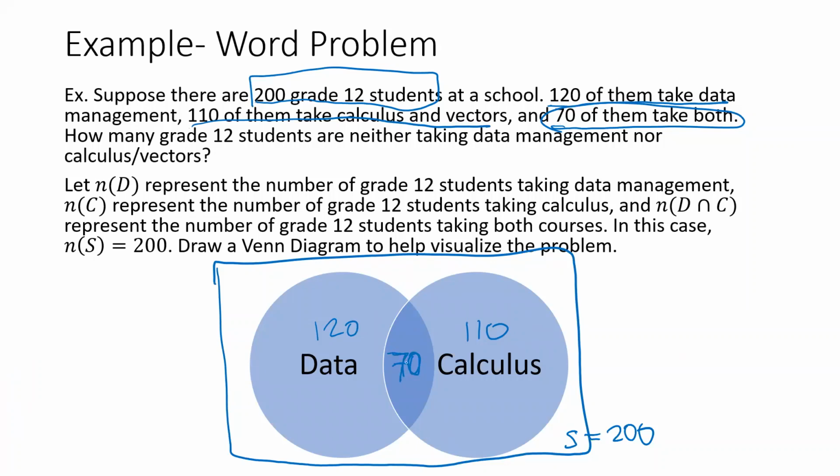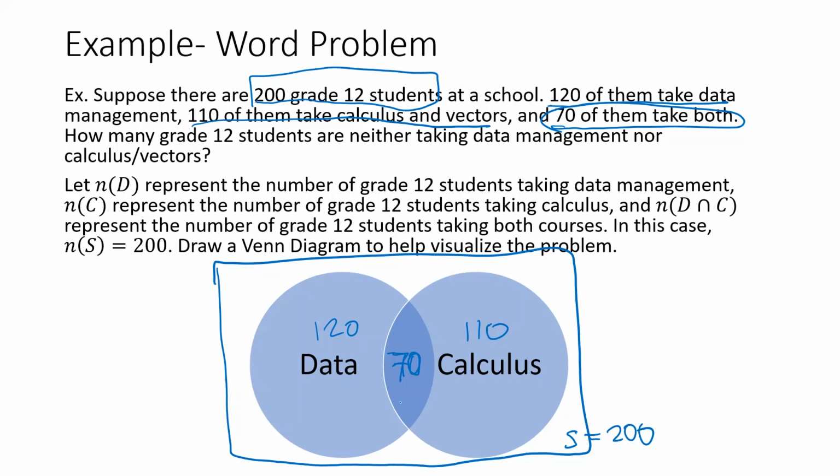What we need to do at this point, before we even get to the number of students taking neither course, is start by finding out how many students are taking either calculus or data management.